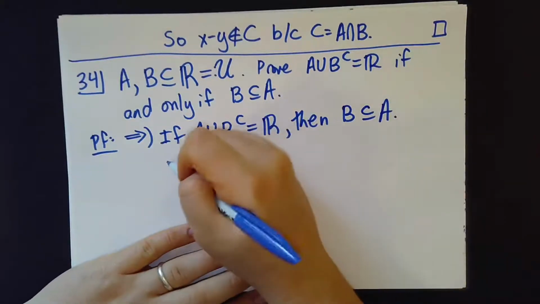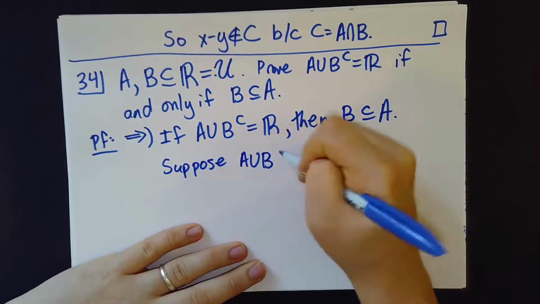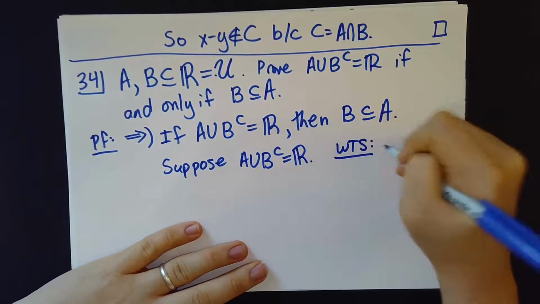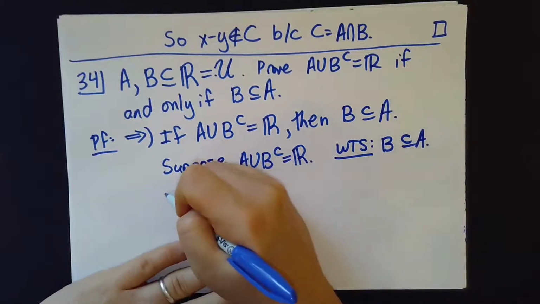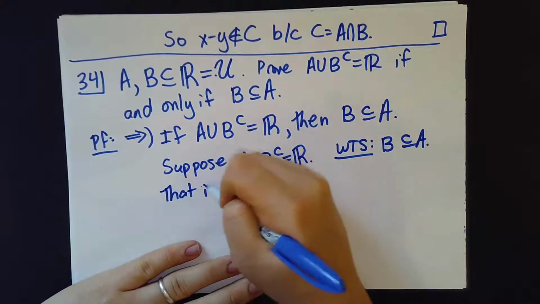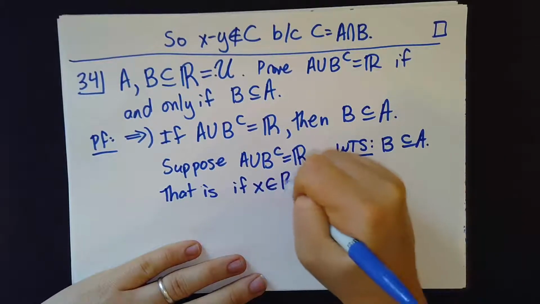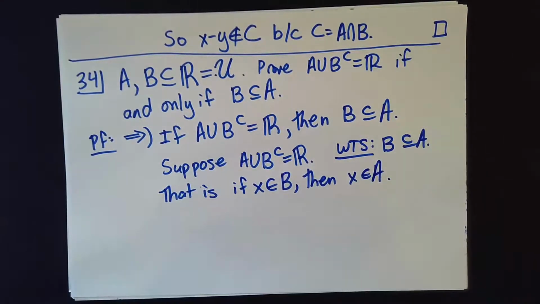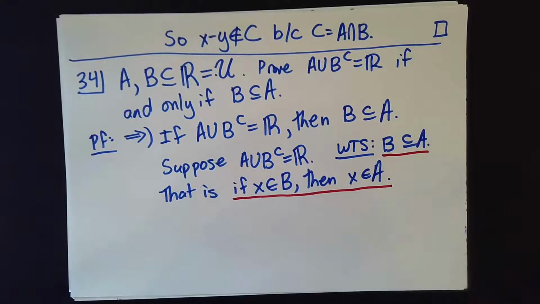So that is to say, I'm going to suppose that A union B complement is R. And the thing I want to show is that B is a subset of A, which is to say that if X is in B, then X is in A. Okay, and all I'm doing here is just writing out the logic of what it is I need to show.